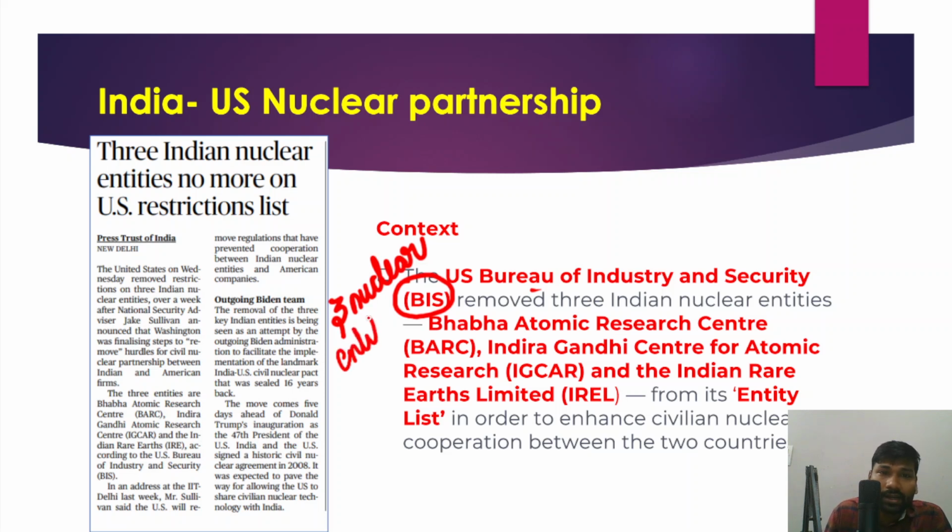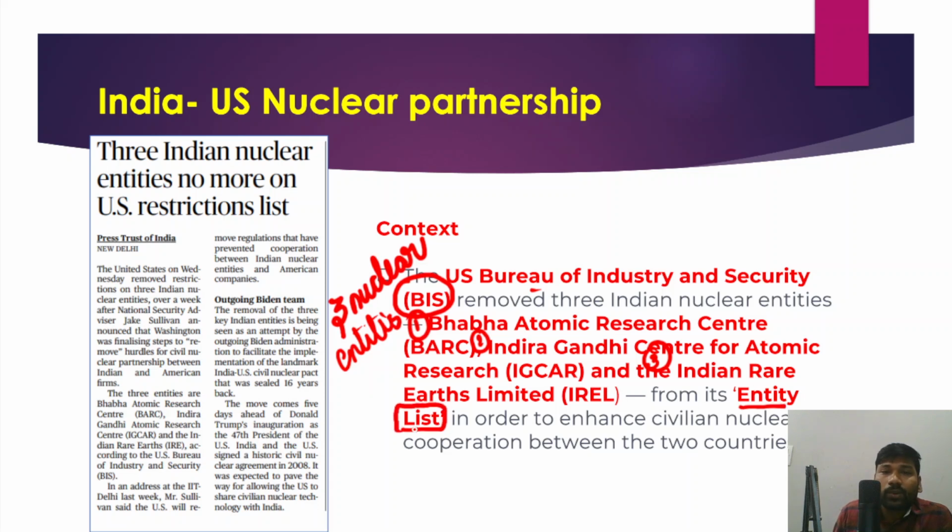So these are Indian nuclear entities. The first one is Bhabha Atomic Research Center, BARC, the second one is Indira Gandhi Center for Atomic Research, and the third one is the Indian Rare Earths Limited. So these are 3 Indian nuclear entities, and the US Bureau of Industry and Security has removed these three Indian nuclear entities from its entity list.